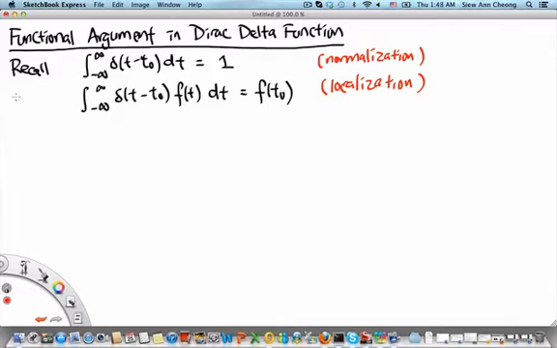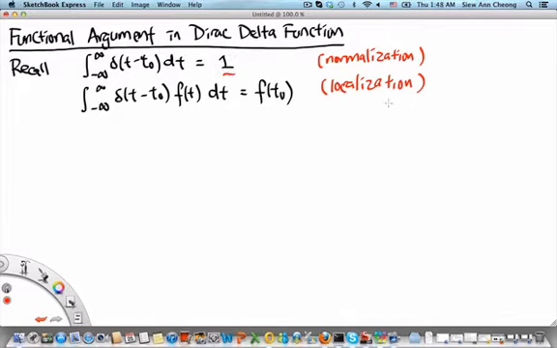So let us recap by remembering what are the two defining properties of the Dirac delta function as a distribution. The first of which is called normalization, and that tells us that the integral from -infinity to infinity of the Dirac delta function itself integrated with respect to t gives us 1.